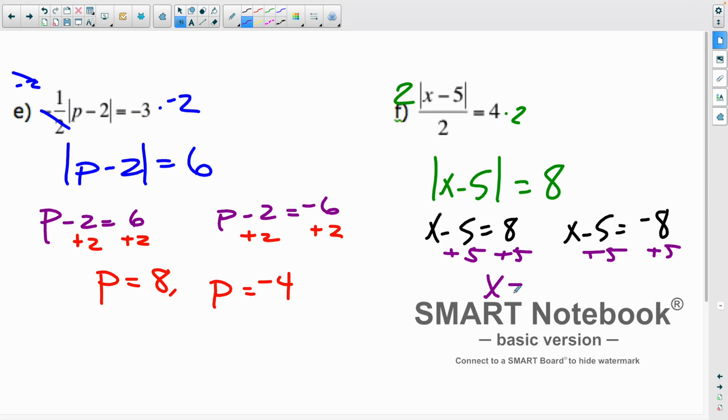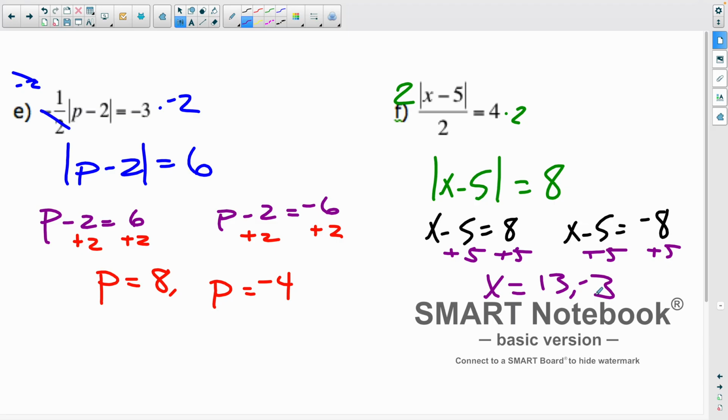And x is going to equal 13 and negative 3. Okay? If I wasn't sure, I could take it back and plug it in and check my work. And so if I'm doing an equation for absolute value, most of the time I'm going to have two answers. Got this answer here and I got this answer here.